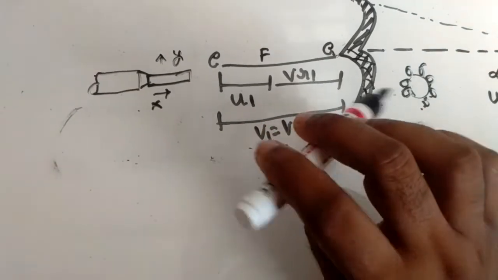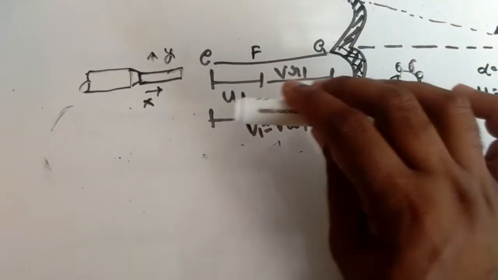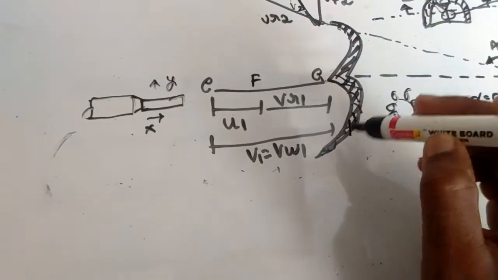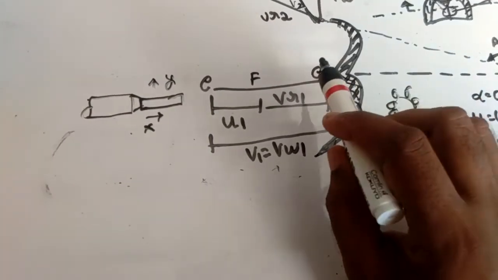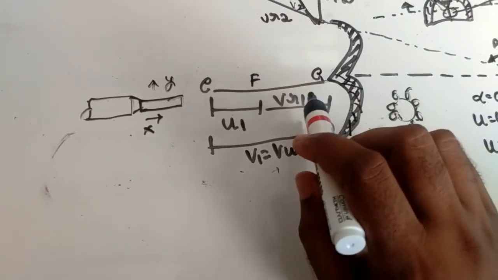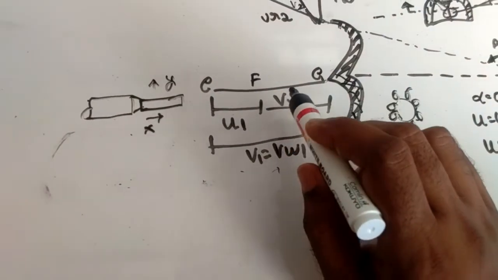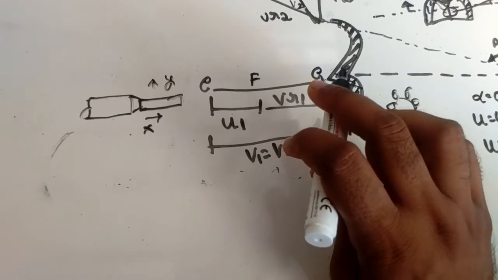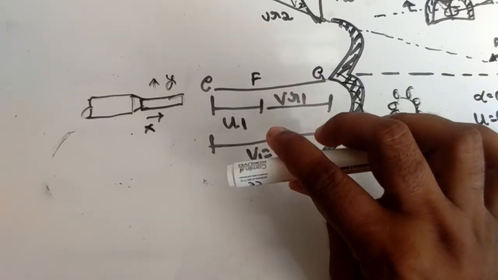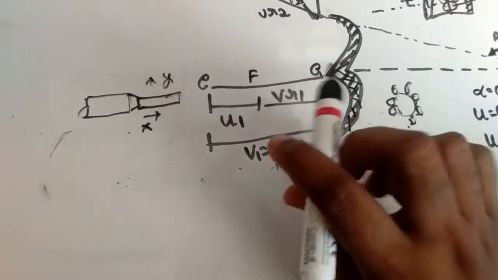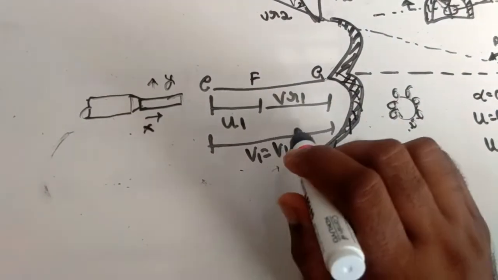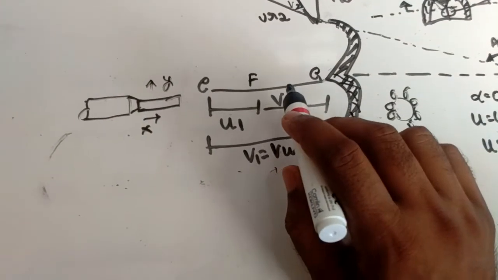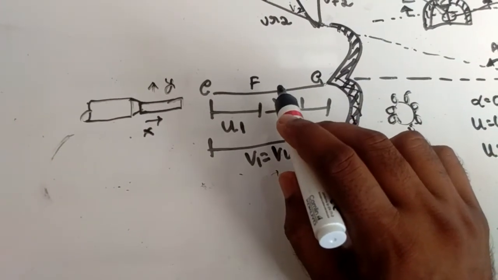So what do you mean by VR1? The velocity with which the water strikes, with respect to this moving plate, is called the relative velocity. Since the plate is traveling with velocity u1, the relative velocity is with respect to u1. VR1 is the relative velocity of the jet. V1, u1 and VR1 are all related.